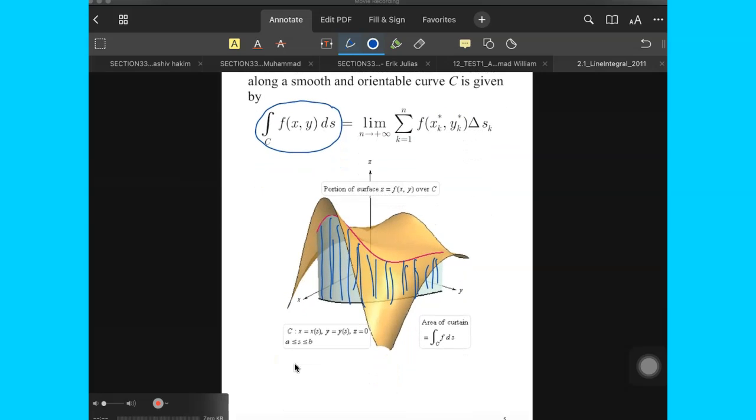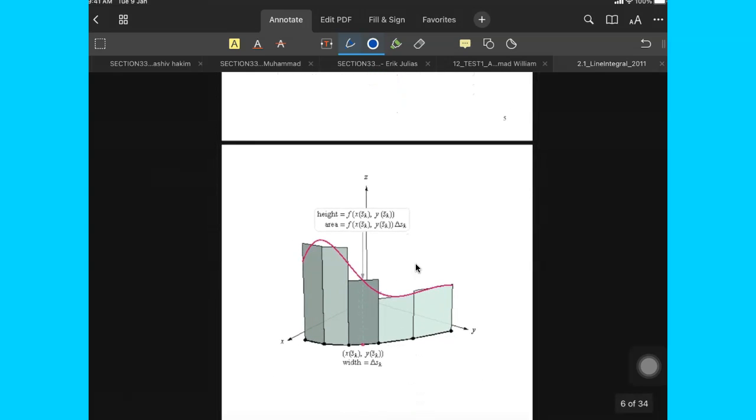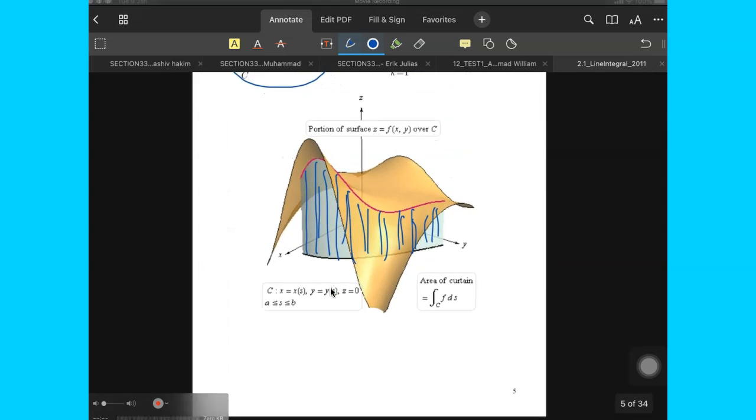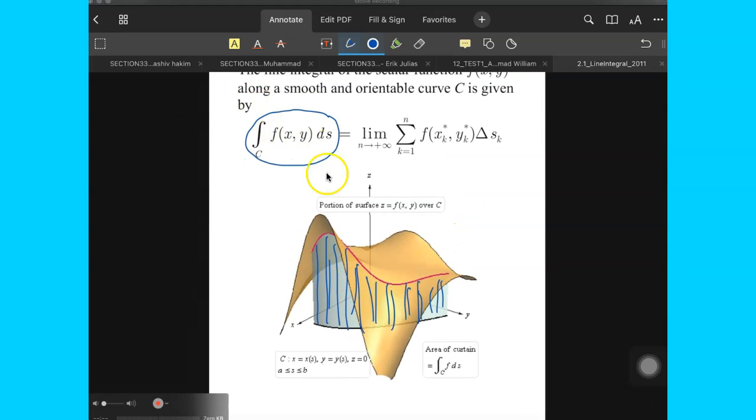If your curve C is smooth, as you can see it is smooth, but sometimes you can have something not so smooth. Actually, we are computing the area under the curve, or if you're talking about the mass, we are computing the mass of the line. You can see this is the line, and we can evaluate the mass of this red line.